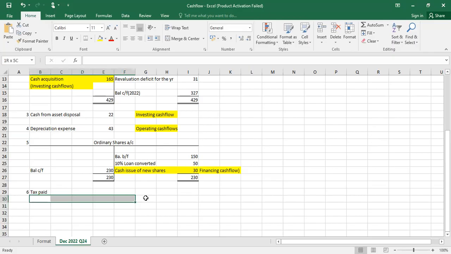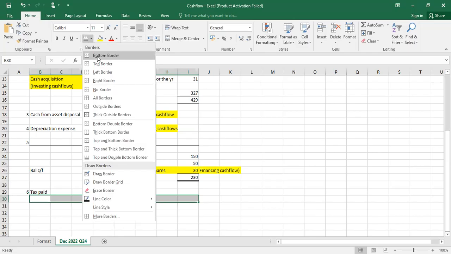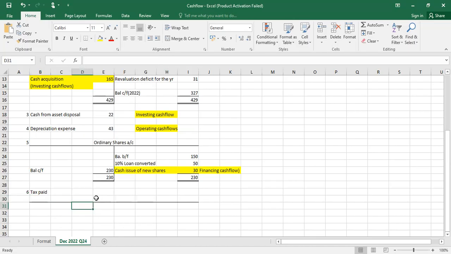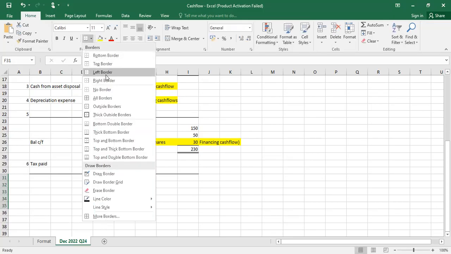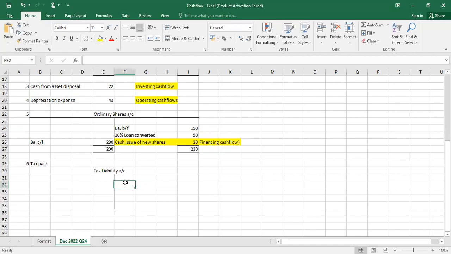In that respect, what we will do is, tax is normally a liability, so proceed to prepare an account for the tax liability. Being a liability, again, it's a credit balance. On the credit, we start with the brought forward.